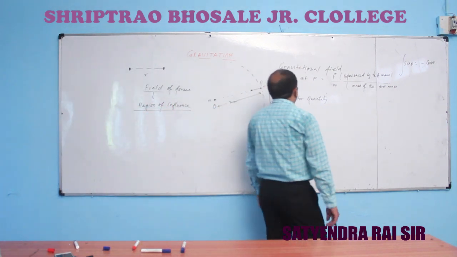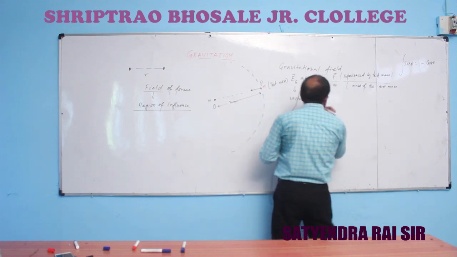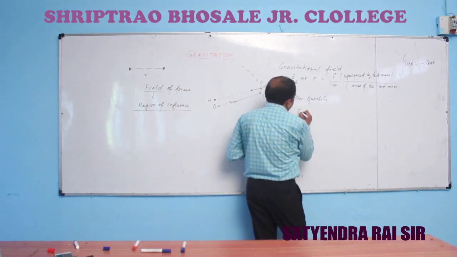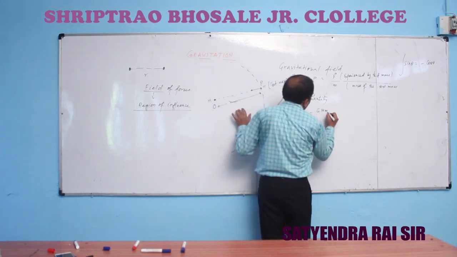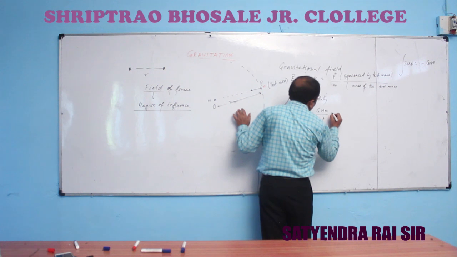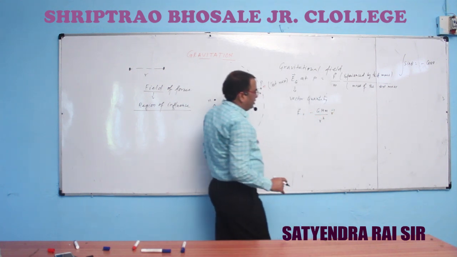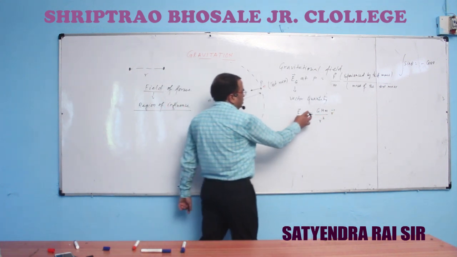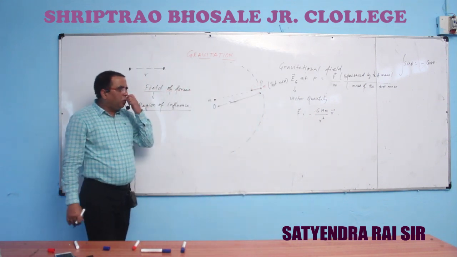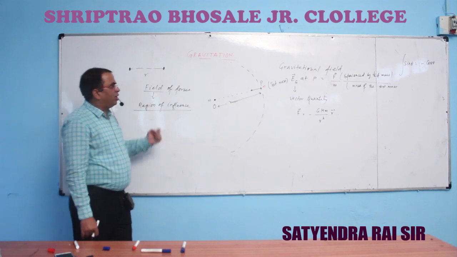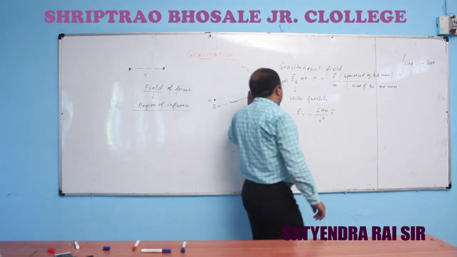So the direction and magnitude can be written, since F is equal to minus GMm upon r cube into r. If you remember, we have done this previously. This is the force F. Then what is the expression for the gravitational field due to the point mass at P?